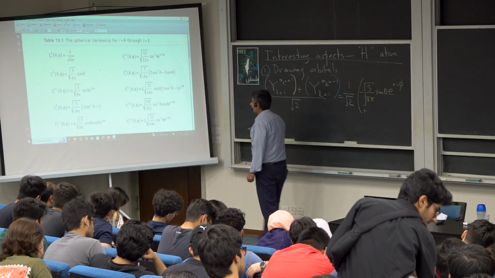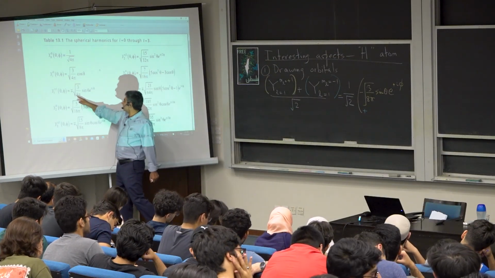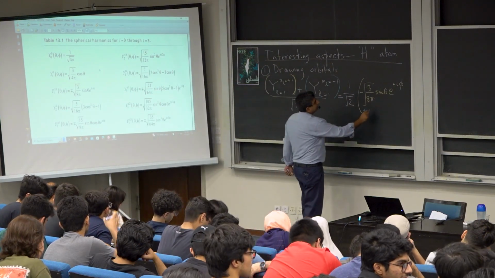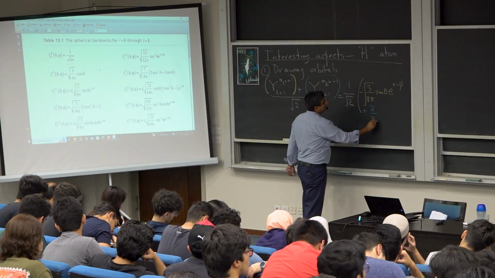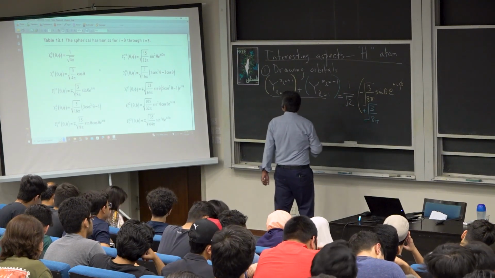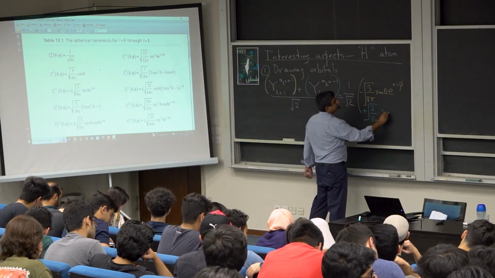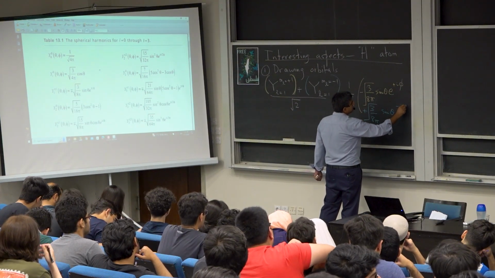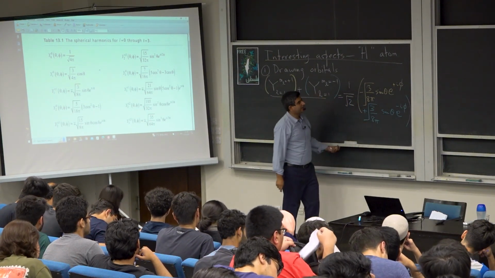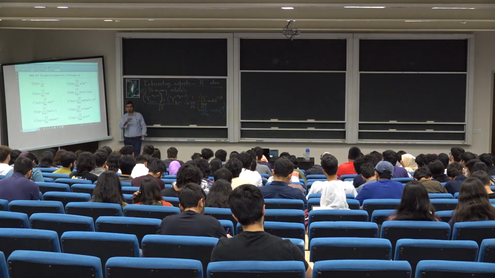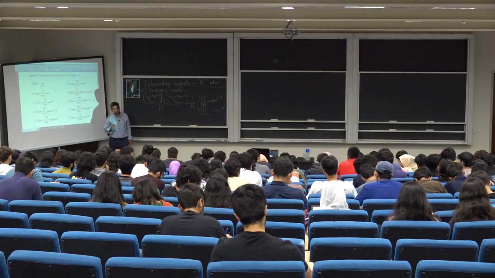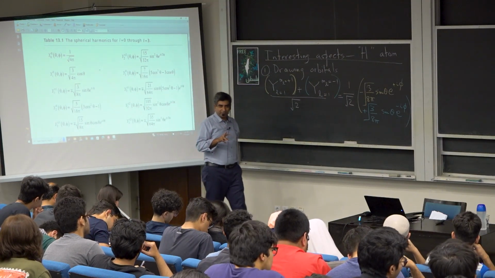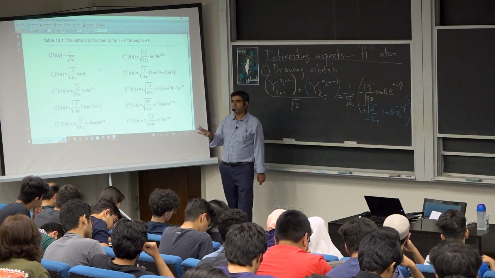When I add the second harmonic function, I get a positive sign, which is the sign below, plus 3 over 8 pi under root sine theta e to the minus i phi. All right. So this is a superposition of two wave functions. Each one of these wave functions is a solution to the Schrodinger equation. Just the angular part. Yes, please.